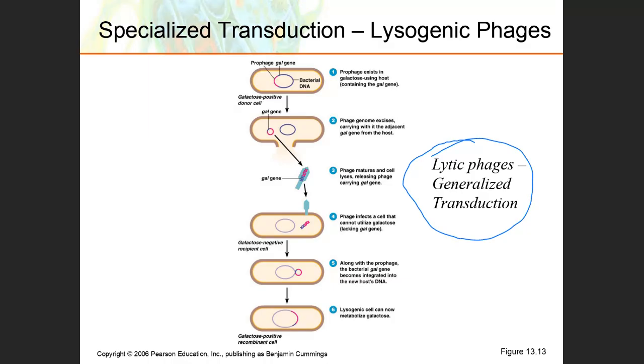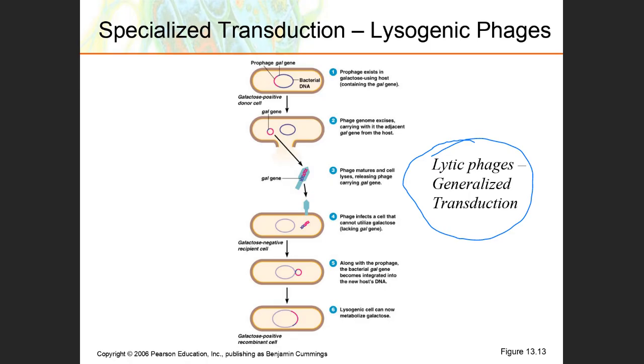So when that new virion goes and, quote unquote, infects another bacterial cell, the virus injects bacterial DNA from the previous host, not viral DNA. And so that very lucky bacterial cell is not actually being infected. It's receiving bacterial DNA, which may contain a beneficial gene, which allows that bacterial cell to survive.